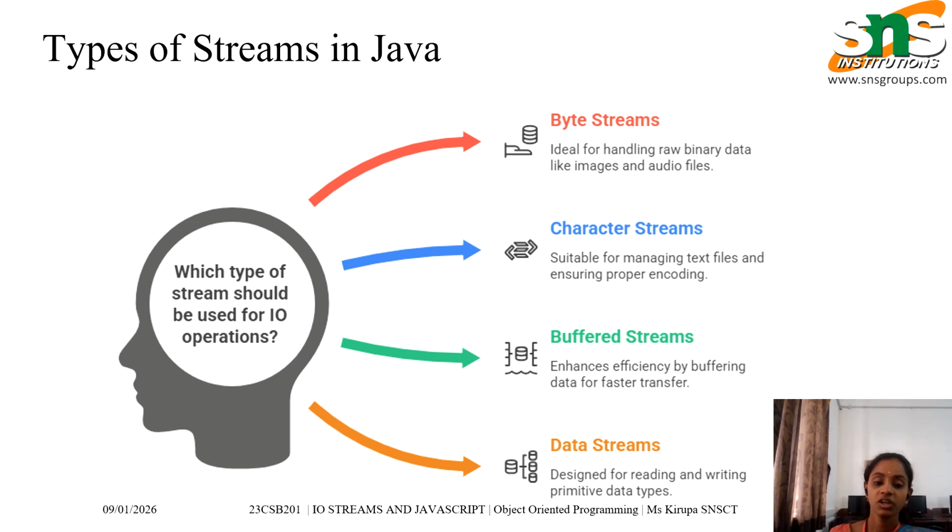Initially, we discussed Java IO, which is a collection of classes and streams in the Java IO package. IO is nothing but input and output. It handles reading data from sources like files, keyboard, or any network, and writing data to destinations like files, consoles, or sockets.